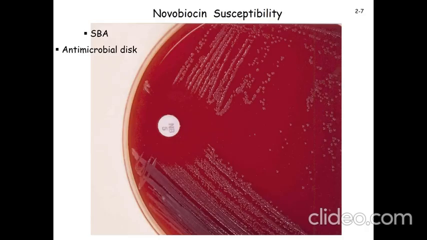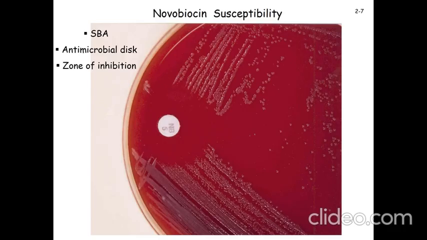You'll put it onto the plate, it diffuses out into the agar, and if the organism is inhibited by the novobiocin, you will get a zone of inhibition.